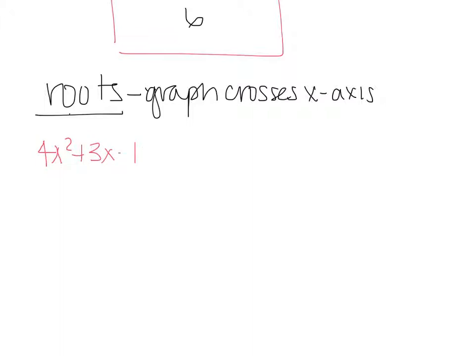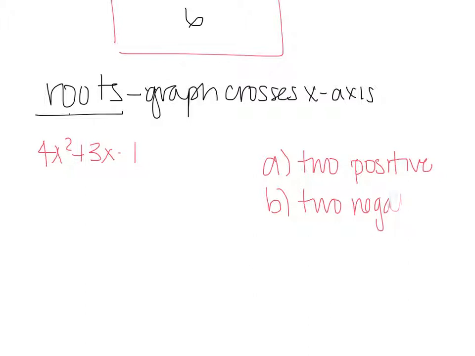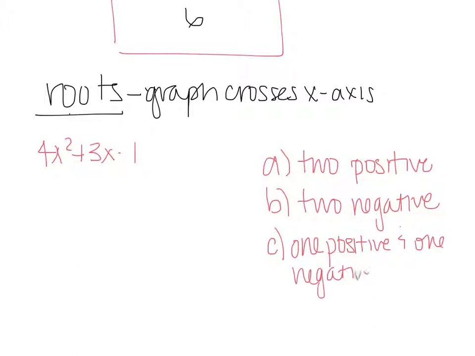I'm going to give you some answer choices here: 2 positive, 2 negative, 1 positive and 1 negative, or you're going to have an option of 2 complex.